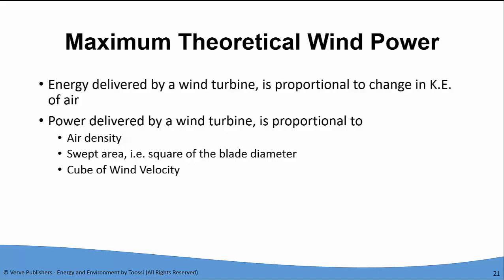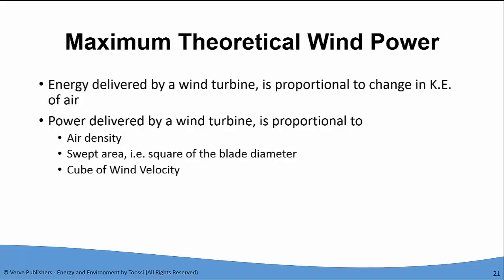So overall, when we put everything together, we find that the power contained in any wind stream increases with the air density, with the area of the blades, which is like the square of the blade diameter, and changes with the cube of the wind velocity. So the speed is the biggest, most important factor. After that, the diameter, and then the air density.